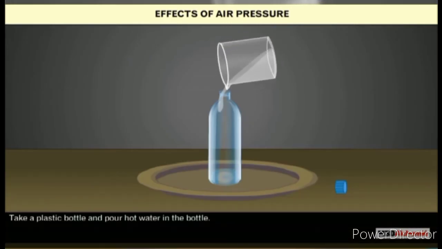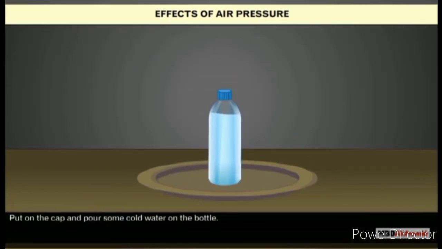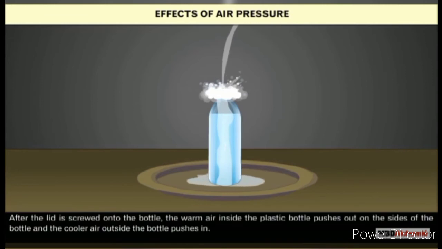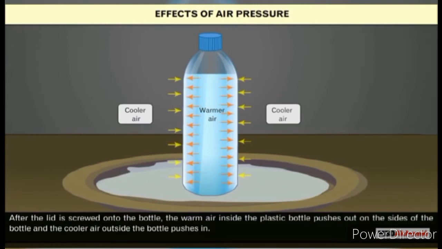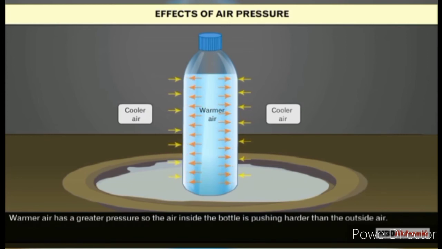Take a plastic bottle and pour hot water in the bottle. Put on the cap and pour some cold water on the bottle. After the lid is screwed onto the bottle, the warm air inside the plastic bottle pushes out on the sides of the bottle and the cooler air outside the bottle pushes in. Warmer air has a greater pressure, so the air inside the bottle is pushing harder than the outside air.